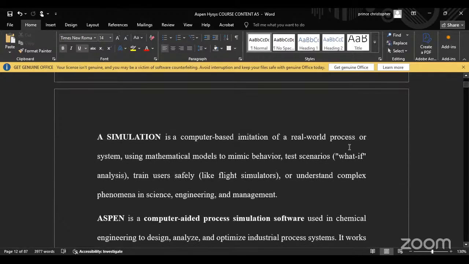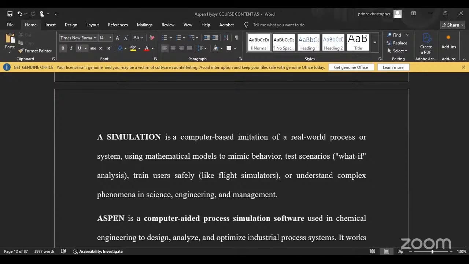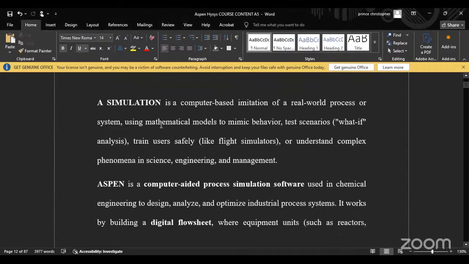Now, what is a simulation? A simulation is a computer-based imitation of a real-world process or system.